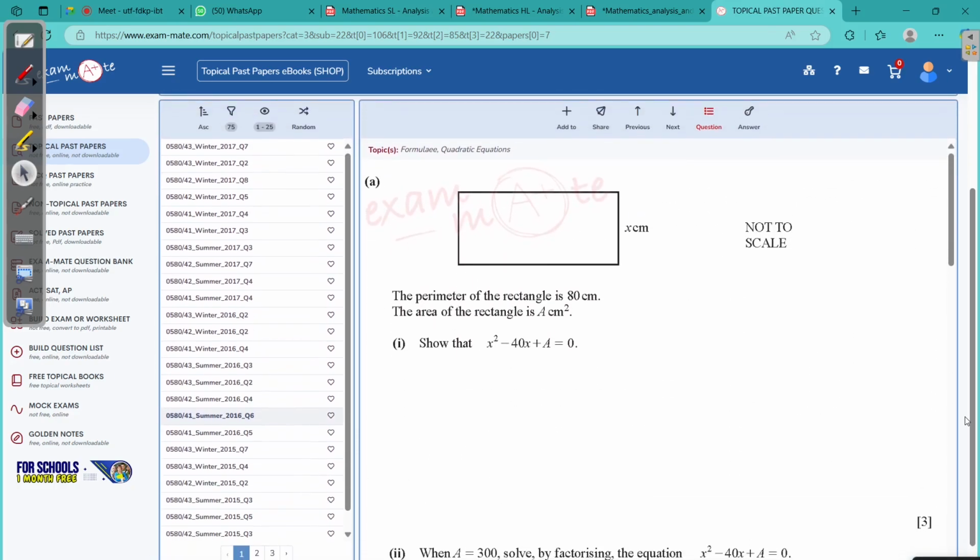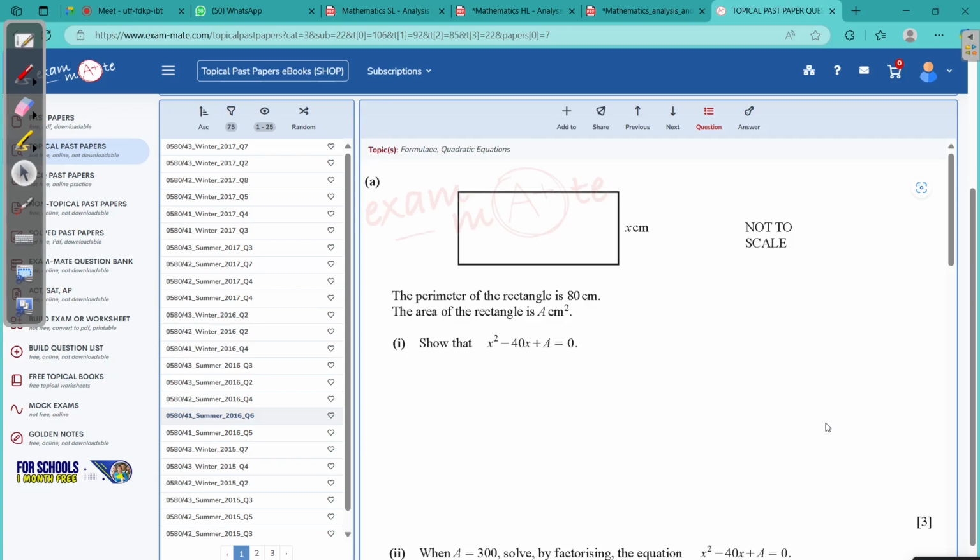A perimeter of a rectangle is 80 centimeters. The area of the rectangle is A, and show that x squared minus 40x plus A is equal to 0. Oh my god.